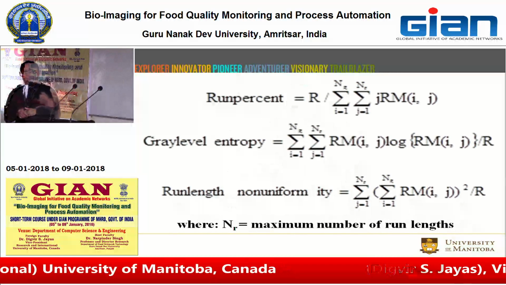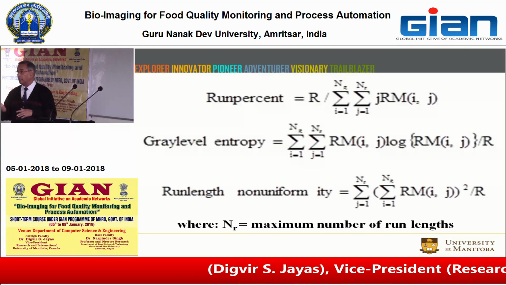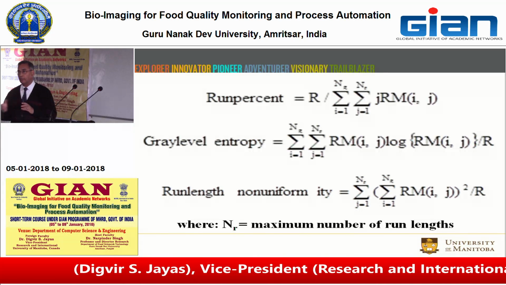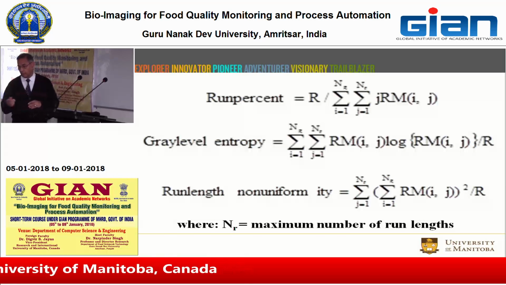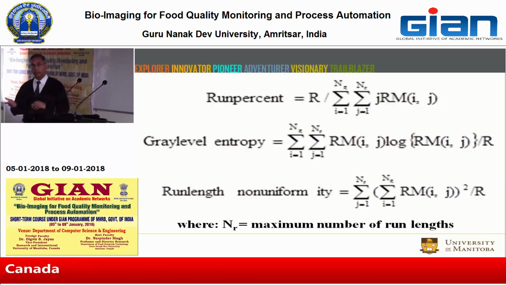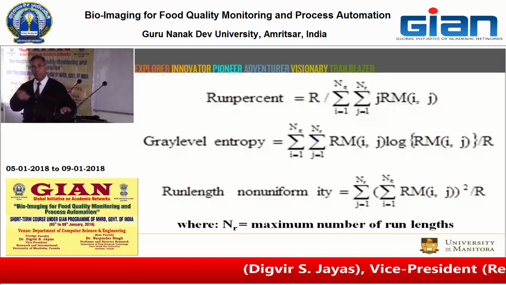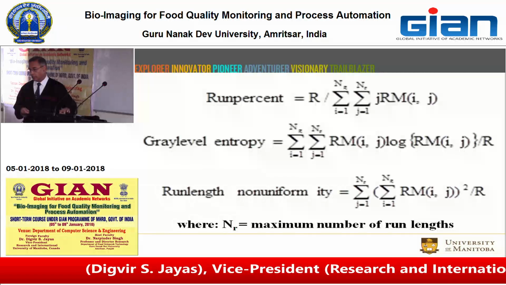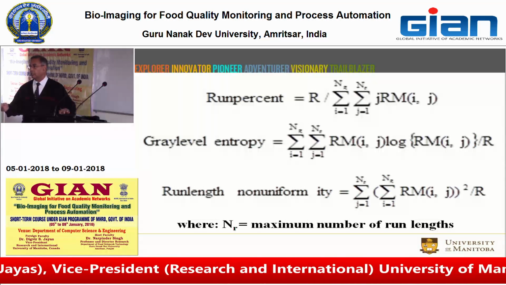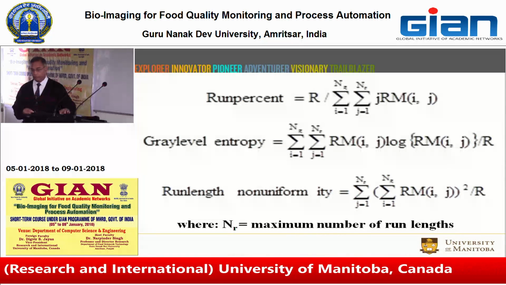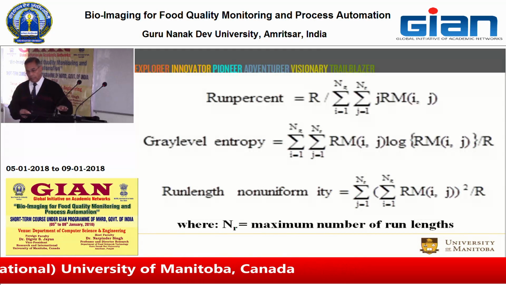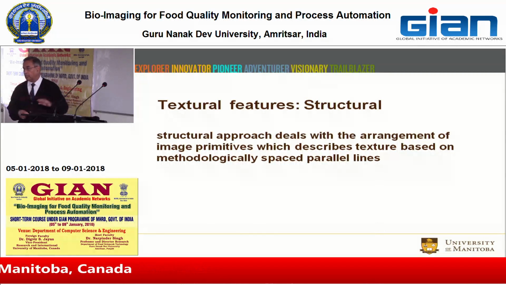Once you have done that, you add them together. The row of the gray level run length matrix is the gray levels, and the column is the run length. So this is the example of calculating the GLRLM, or gray level run length matrix, again for the 4 by 4.